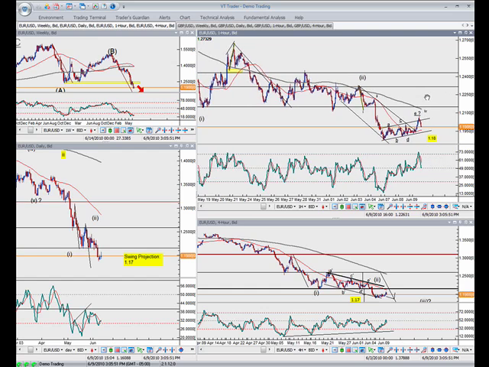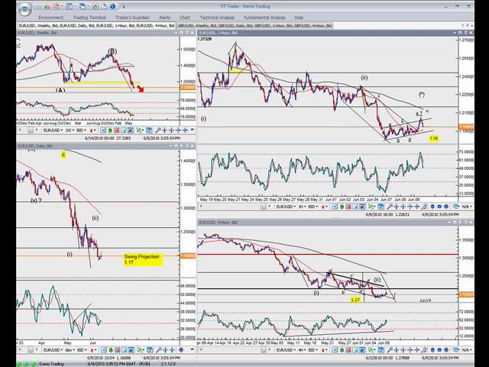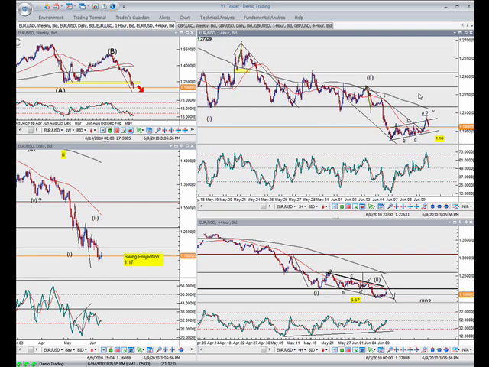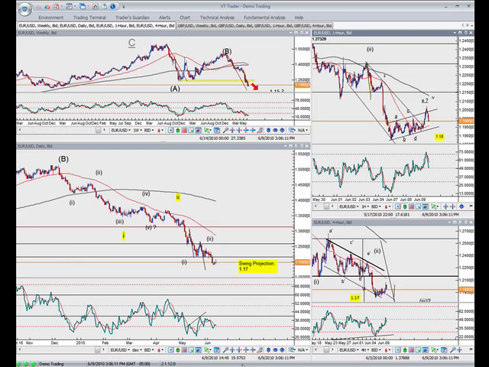Right now this wave is getting very choppy and very twisted, and it's usually best to come back and resolve the waves when they are complete. So very twisty, but in the bigger picture, we do see that we are in a C wave, which is an impulse wave down.